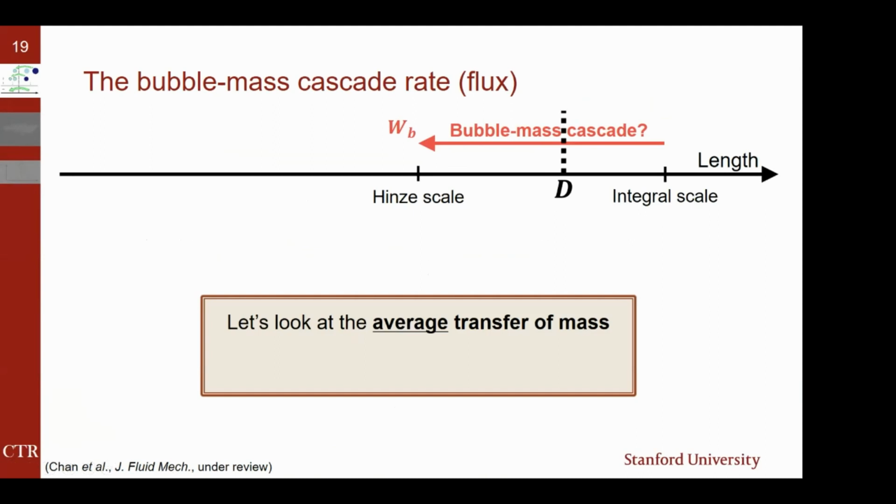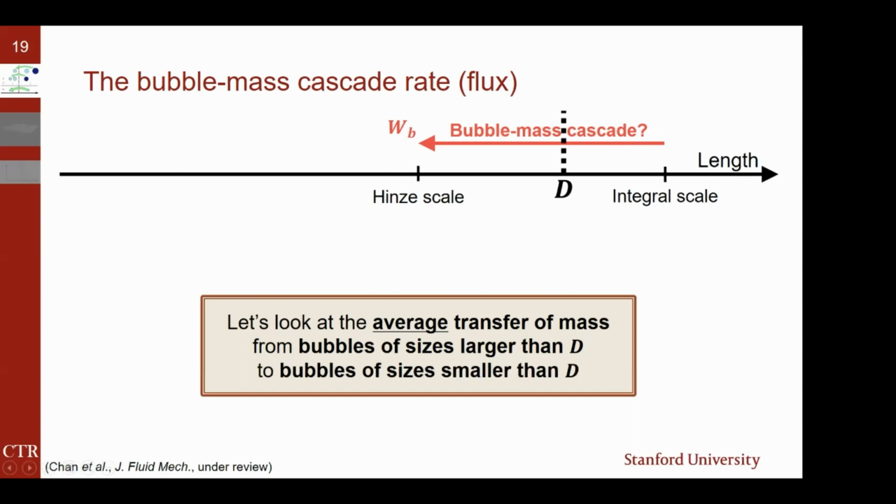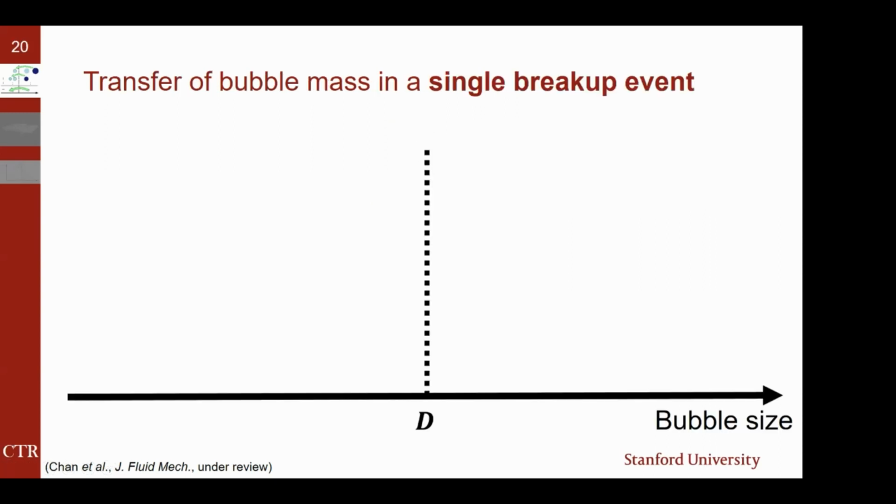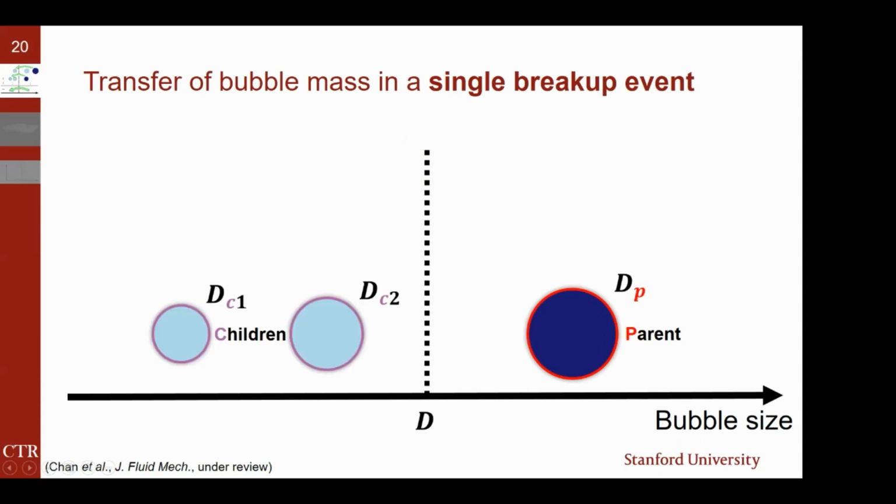So we are interested in the bubble mass, beginning from bubbles of sizes larger than the cutoff being transferred to bubbles of sizes smaller than this cutoff. So let's go ahead and quantify this flux. Let's start from a single event, just to keep things simple. So we have a cutoff size d over here, we have a parent bubble larger than the cutoff, and let's suppose that there are two children bubbles formed by this event.